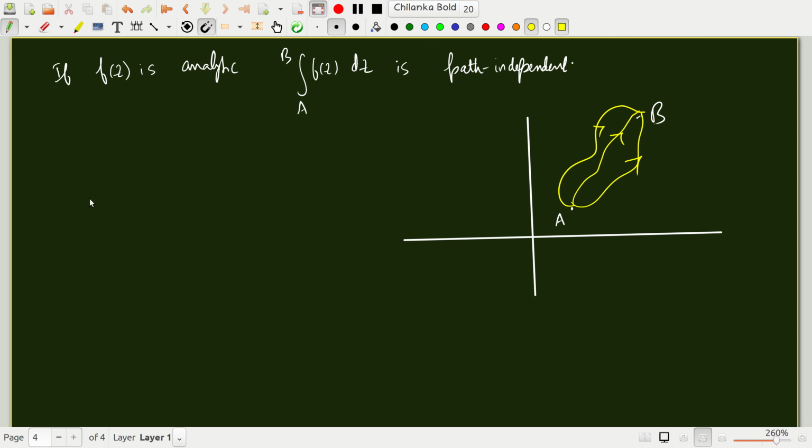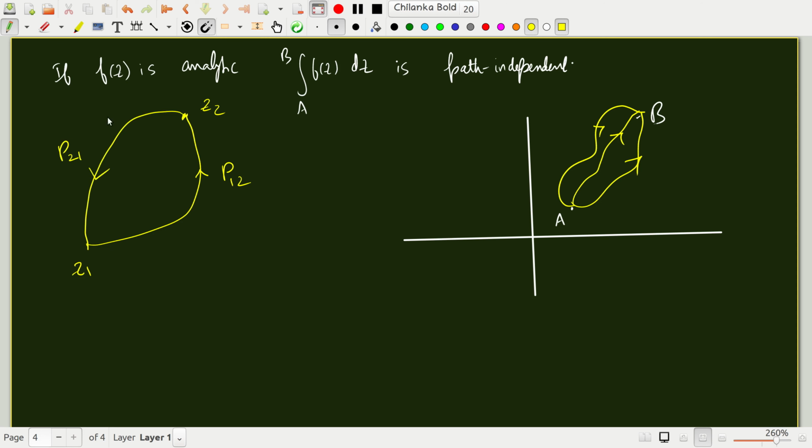How do we show this? Let's take 2 points z1 and z2. Okay, let's go from z1 to z2 through a path p, right? And then let's come back from z2 to z1. Let's call this path p12. Let's come back from z2 to z1 using the path p21.